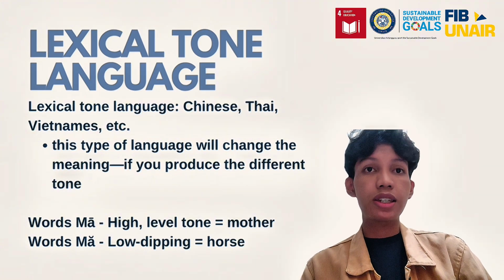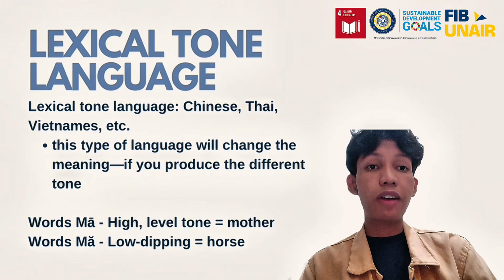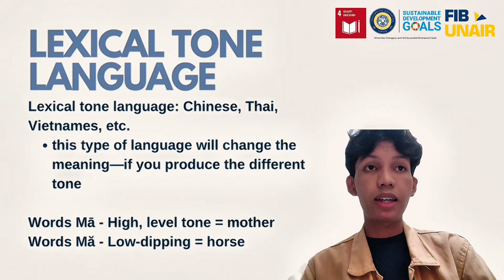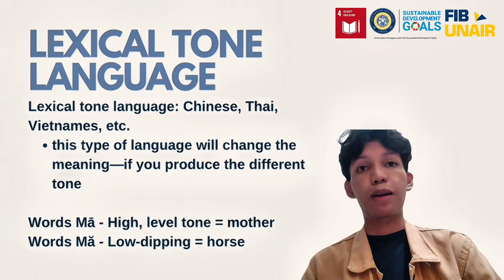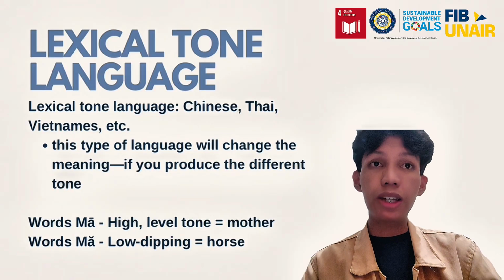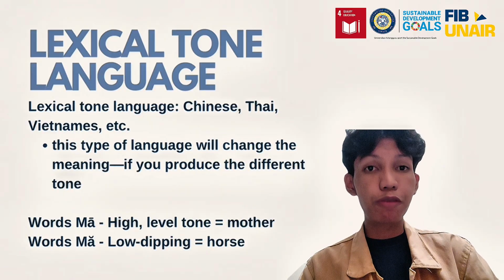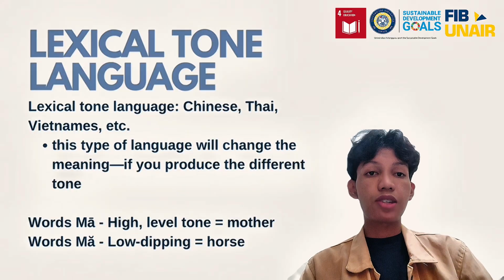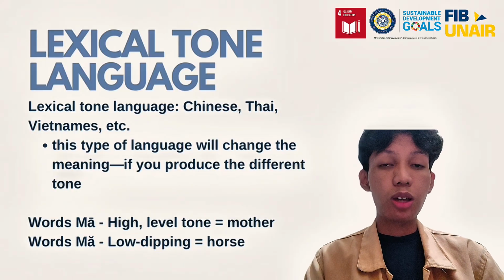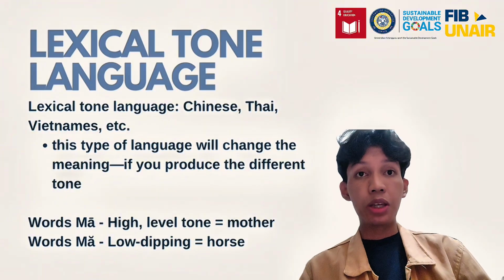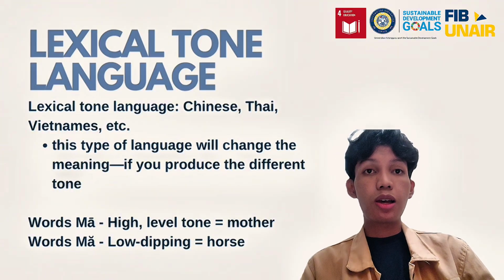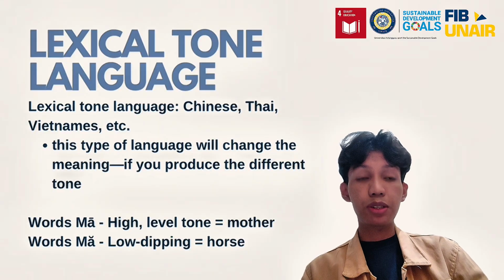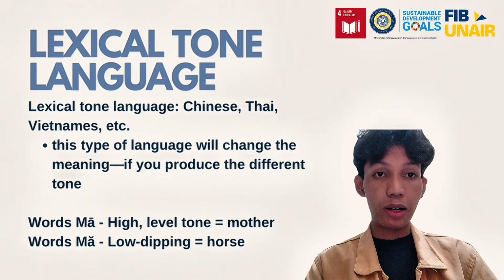The lexical tone language, you can find in some languages like Chinese, Thai, Vietnamese, etc. This type of language will change the meaning if you produce a different sound, such as when you are speaking Chinese, the word ma with a high level tone means mother.